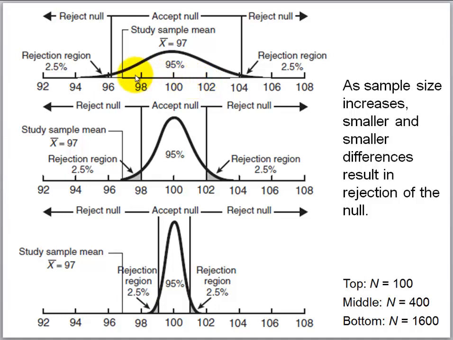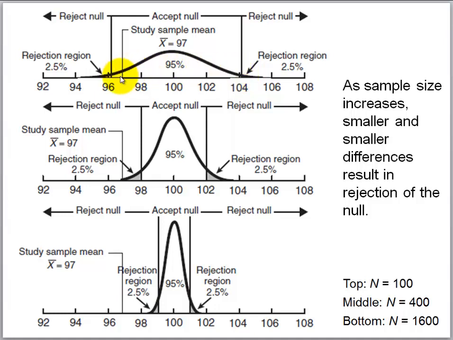So the sampling distribution is showing you the distribution of results that you'd get with a true null. Now, when sample size is 100 and the standard deviation of the sampling distribution is 2, approximately 95% of the cases are falling between 96 and 104, plus or minus about 2 standard deviations.